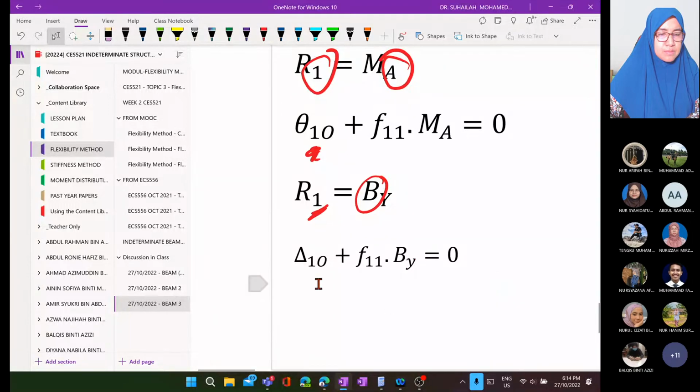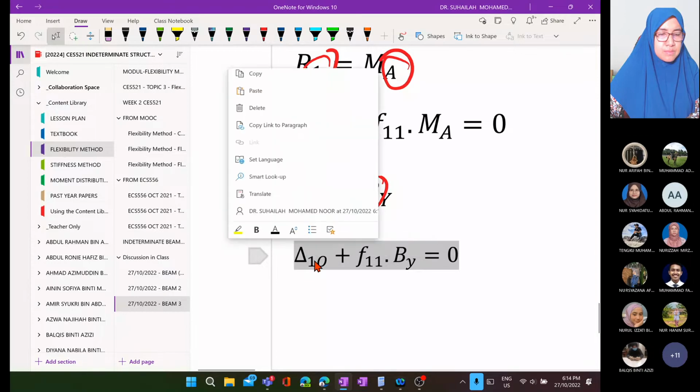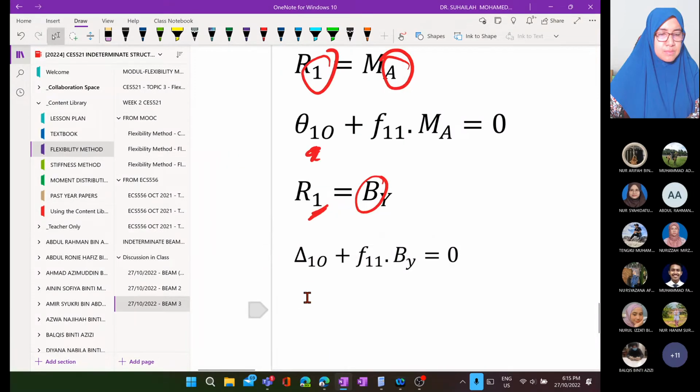And this is still specific to MA, specific to BY. So in order to apply to all types of question, where the redundant can be located anywhere according to the support, we can have one general form of compatibility equation, which is written as this, R1.